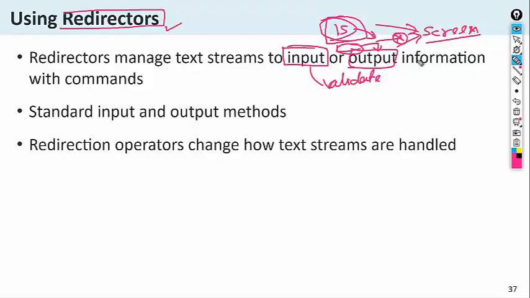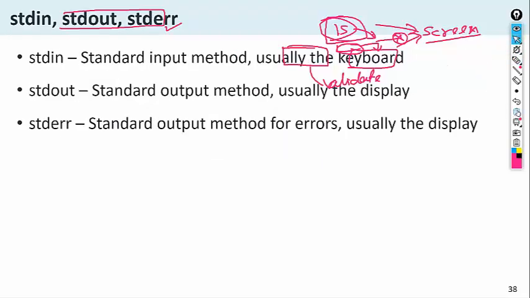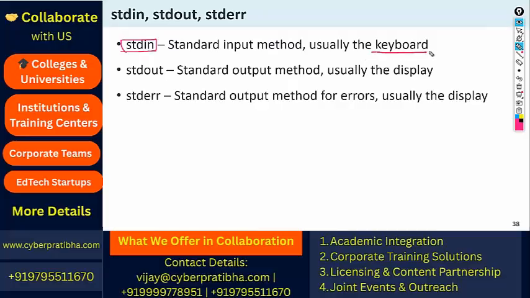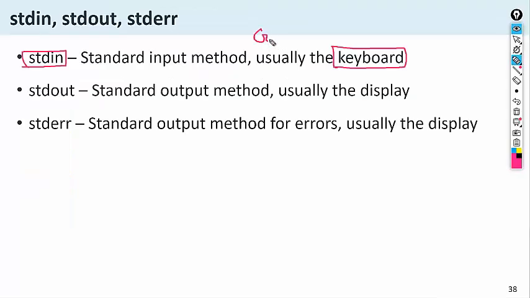There are three main things: standard input, standard output and standard error. Standard input is where we use the command interface, using the keyboard and providing some input. Other examples are a mouse click in a GUI interface, or using a pen tab.